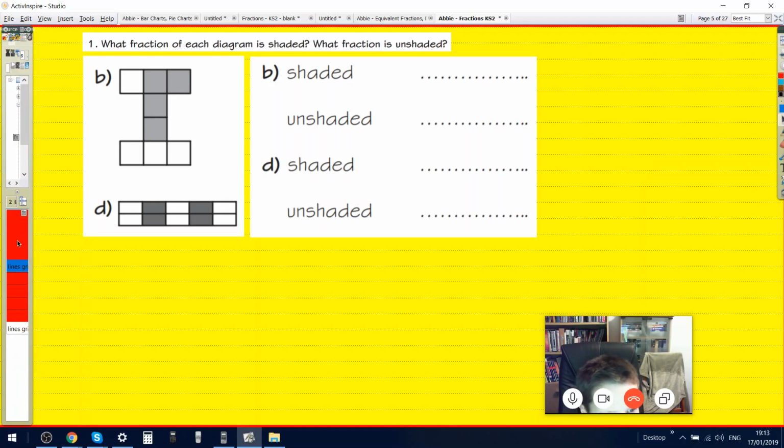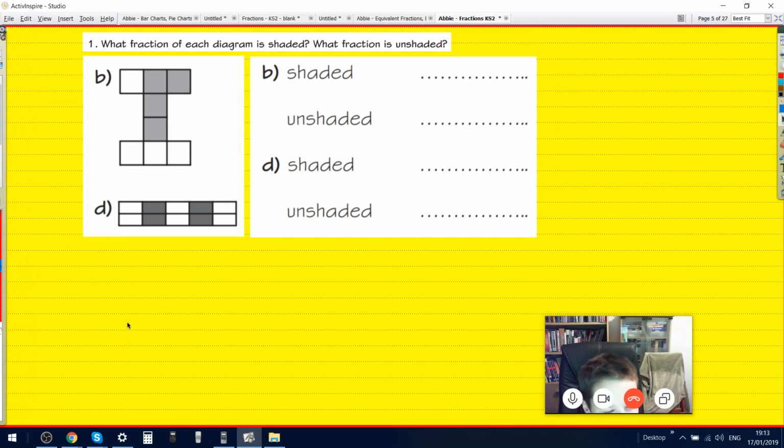Well, for B, there's 8 squares in total, and 4 of them are shaded, so it'll be 4/8. And would you be able to simplify this fraction? Yes, you can.